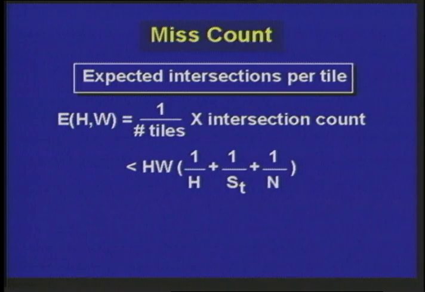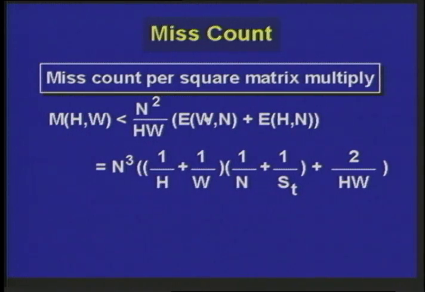The way that we're going to do that is by constructing a cost function for both TLB and cache. Very quickly, the way that we actually do that is by basically using counting arguments as to how many misses can occur in a particular tile.